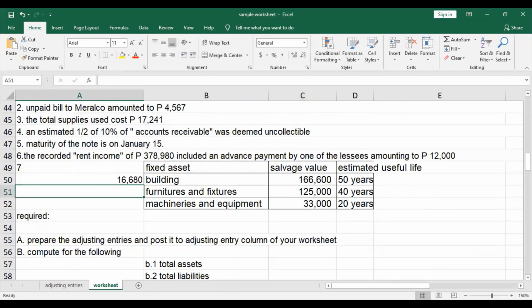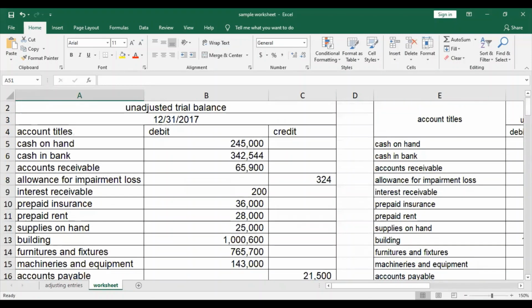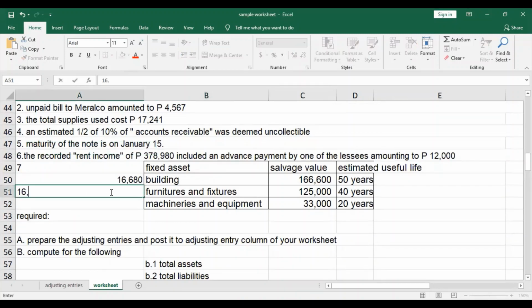For the furnitures and fixtures, how much is your furnitures and fixtures? Its cost is 765,700 less its salvage value of 125,000 divided by its useful life of 40 years, which is 16,017 pesos and 50 centavos.